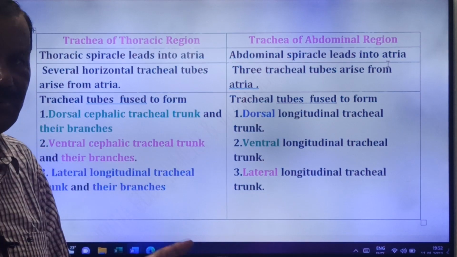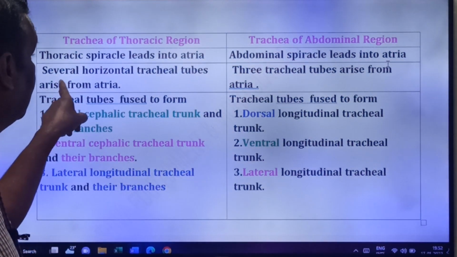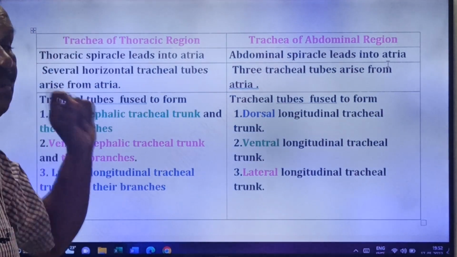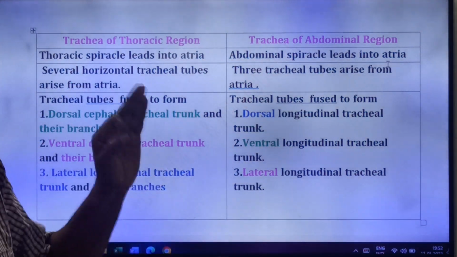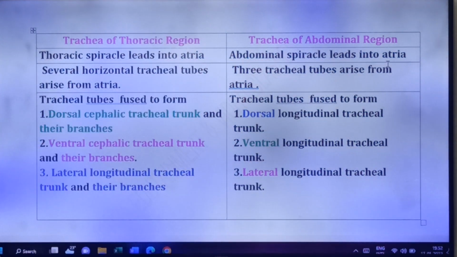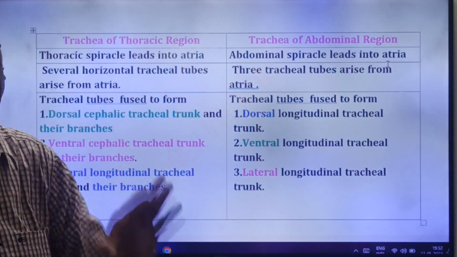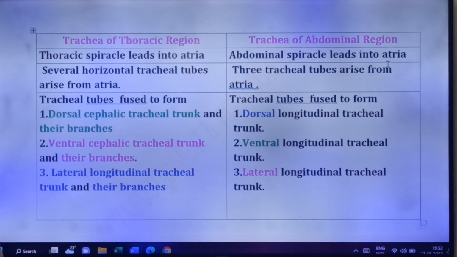Abdominal spiracles lead into atria. You know it, friends. Several horizontal tracheal tubes arise from the atria of the thoracic region. But here, 3 tracheal tubes arise from the atria of the abdominal region. This is several, this is 3. That is the main difference between the trachea of the thoracic region and the trachea of the abdominal region.